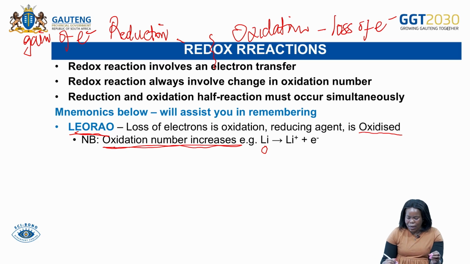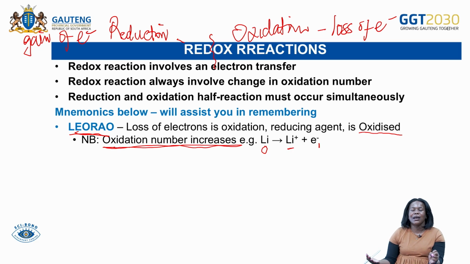However, then lithium lost an electron. In losing an electron, it became positively charged. Its oxidation number shifted from being 0 to being something else, because now there is a charge in here.